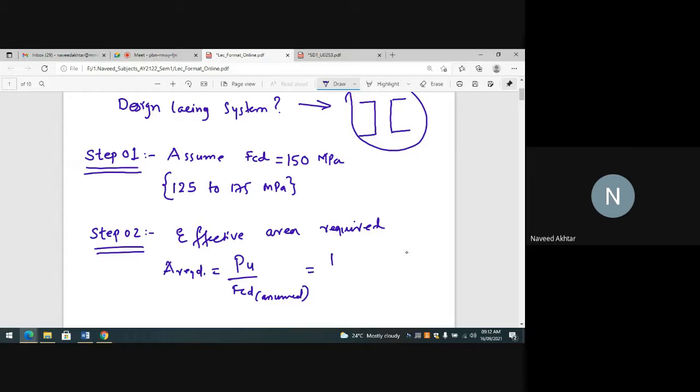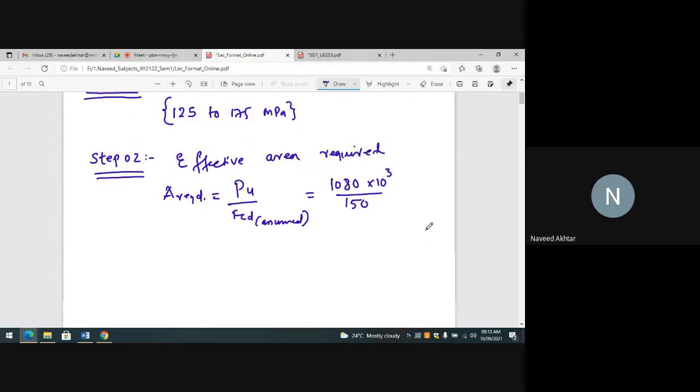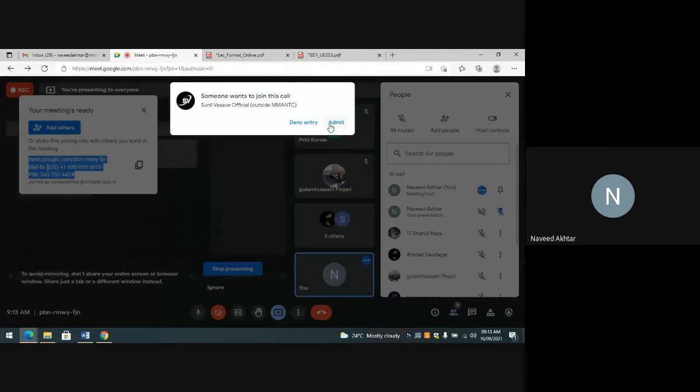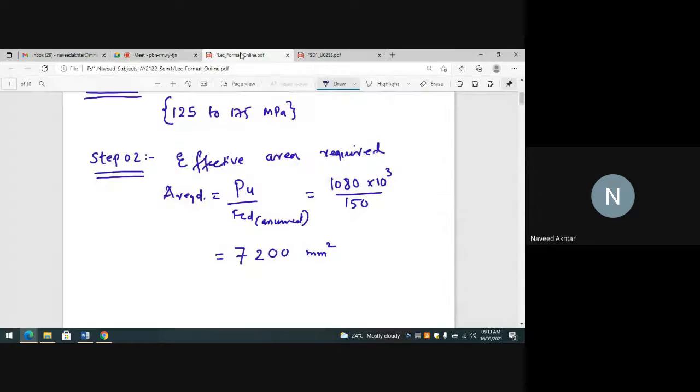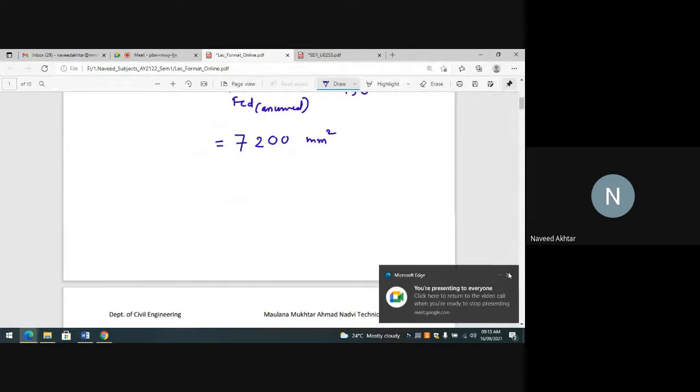The factored load is 1080 kilonewton, that is 1080 into 10 raised to 3 Newton, and fcd you have assumed 150 Newton per mm square. The area required will be 7,200 mm square. This is the area required.